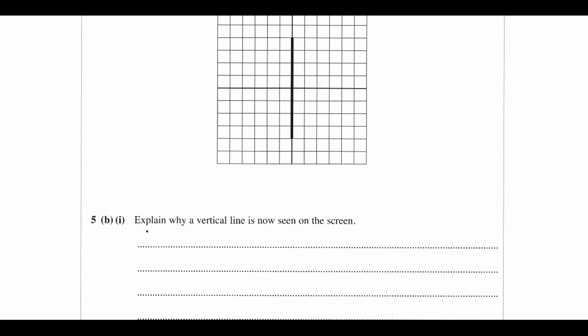So the voltage oscillates between positive and negative, which is why it goes up and down.